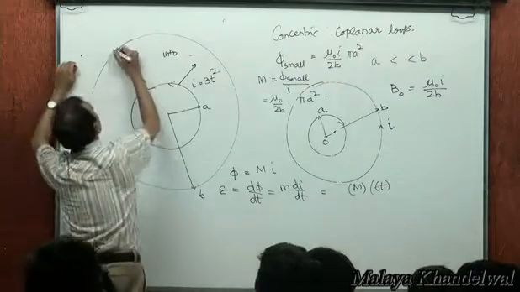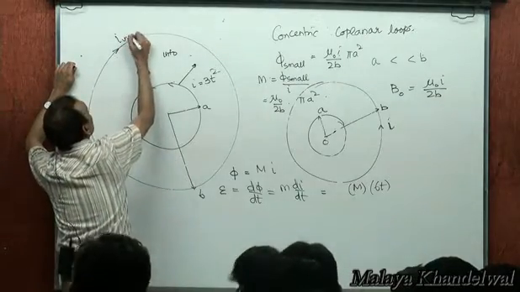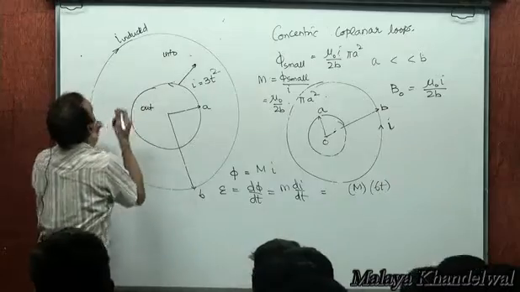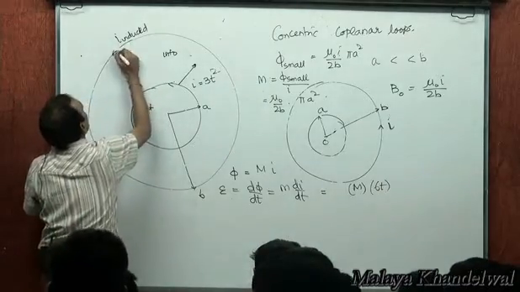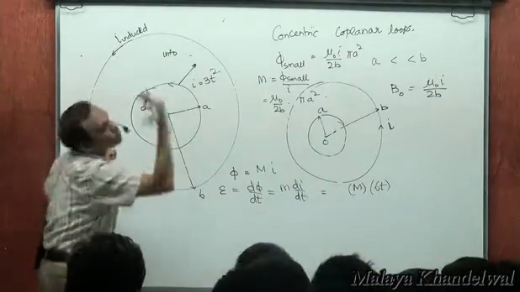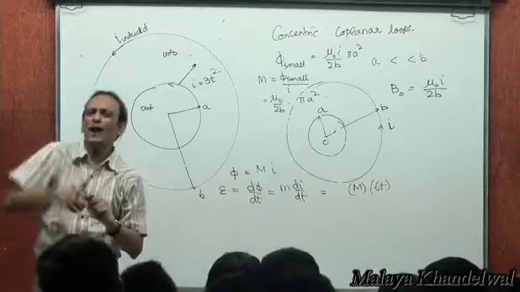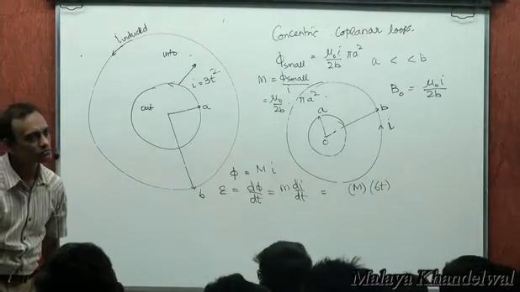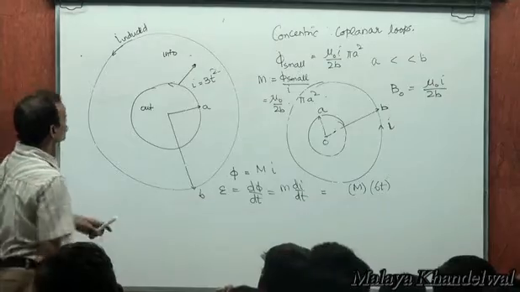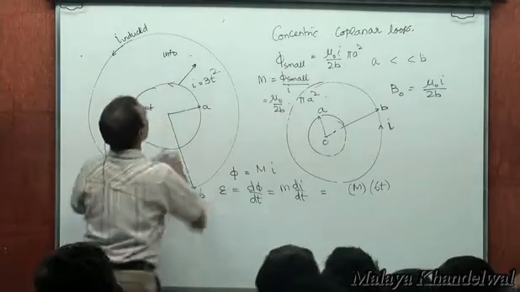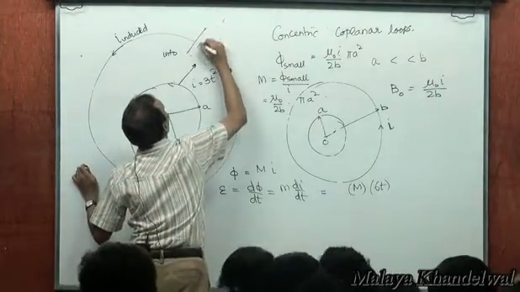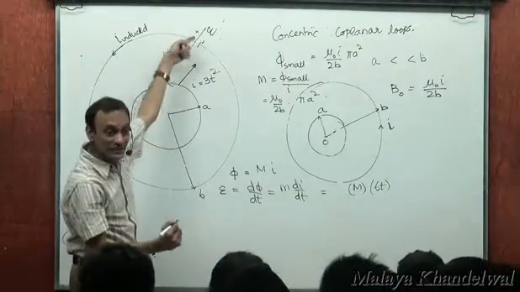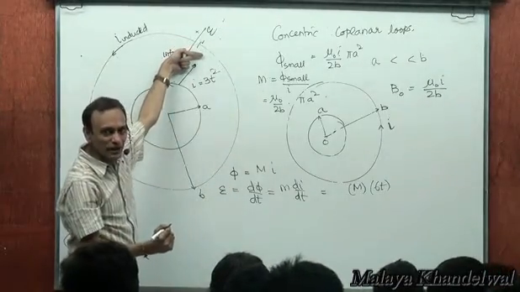Now, how can some flux lines be thrown out? If the induced current flows this way in the outer one, then it will throw some flux lines out so as to partially dilute the additional flux lines going in. Lenz's law, right? So the induced EMF here must have this as its polarity, so that it drives the induced current this way. This must be the polarity of the induced EMF.